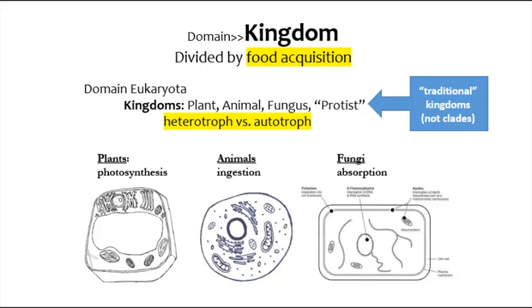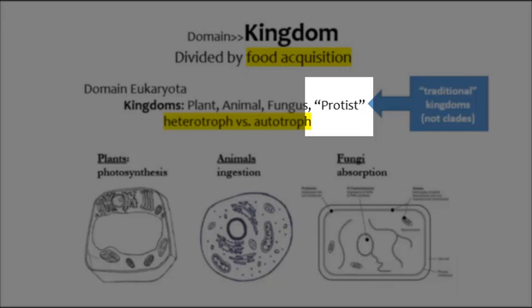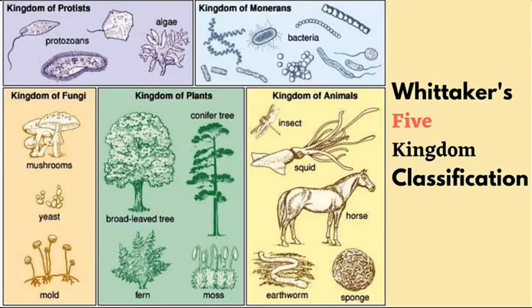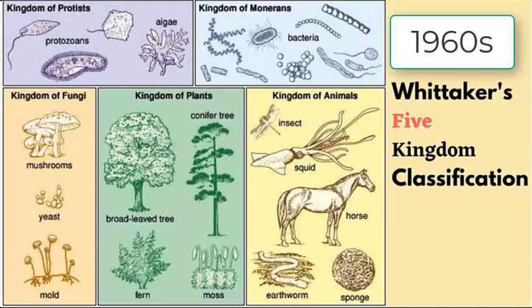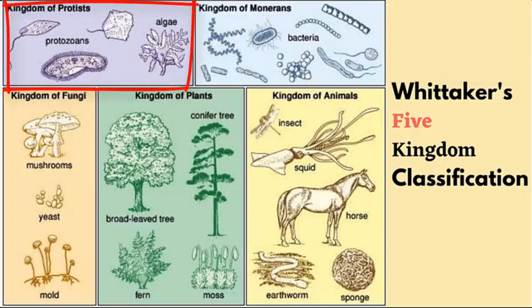But before we get to that, let's look at this last traditional kingdom, the protists, or single-celled eukaryotes. Back in the 1960s, protists were all lumped together. But over the past 2 to 3 decades, with new DNA comparisons and analyses, we've realized that they're not closely related at all.